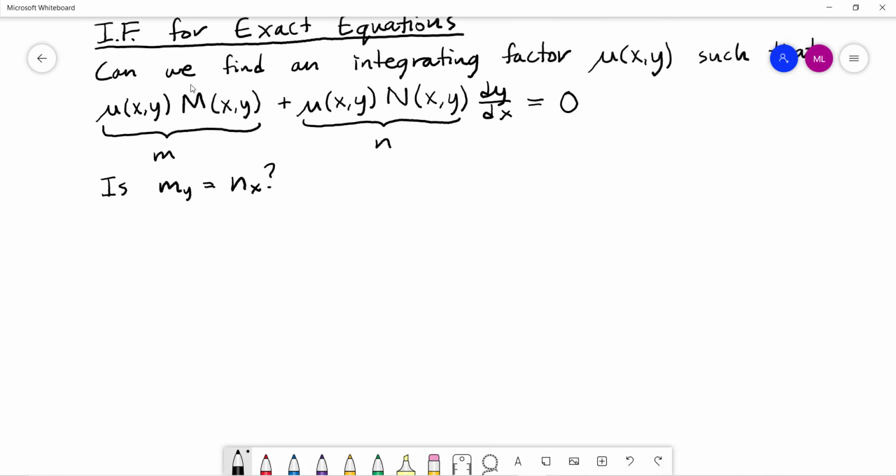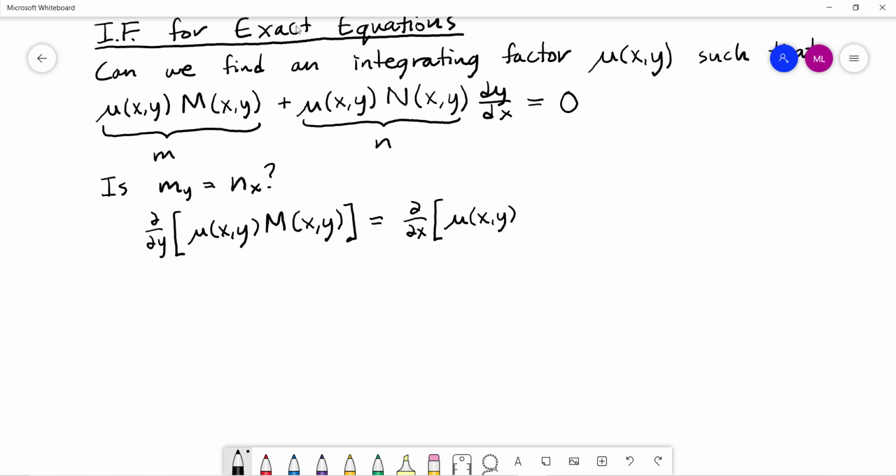So that means I'm taking the y derivative of this whole mess here. So basically I'm saying d/dy of mu of xy M of xy, is that equal to d/dx of the N term, which is mu of xy times the capital N of xy.